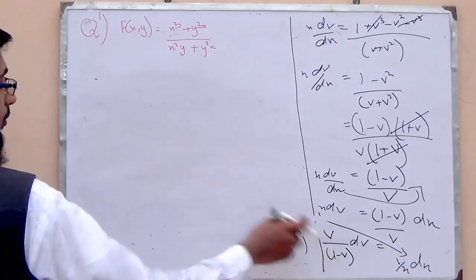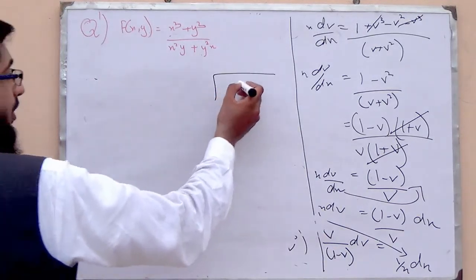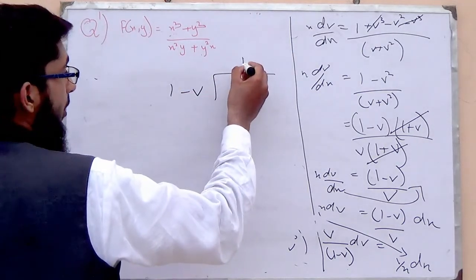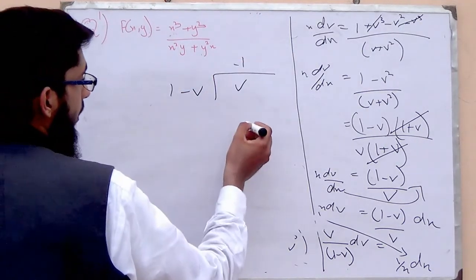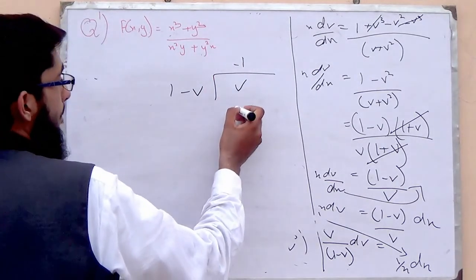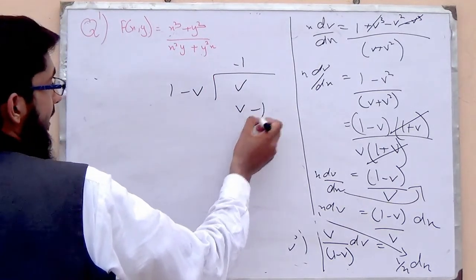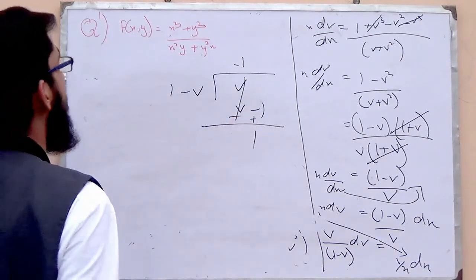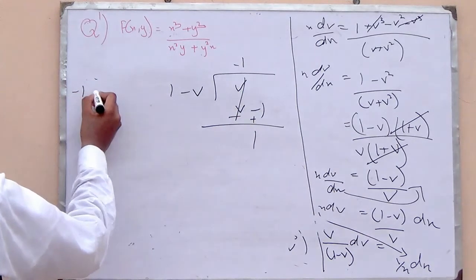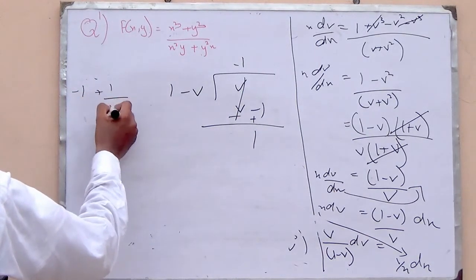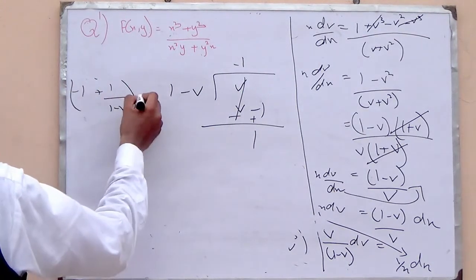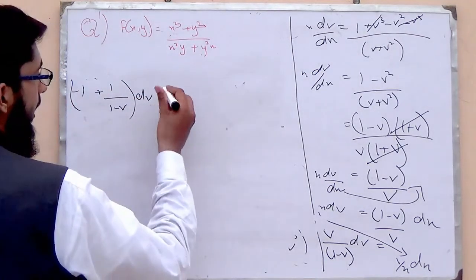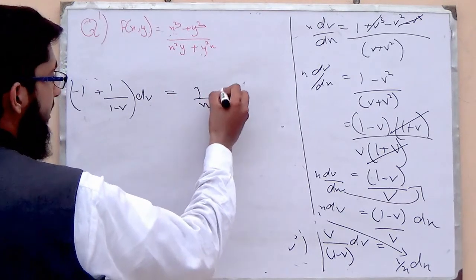By solving it, we can solve it by v inside 1 over v minus 1, and we will get positive v minus 1, and by changing the signs we will get it cut off and v will be there, and the answer will be minus v plus 1 over 1 minus v dv, and we have here 1 over x dx.